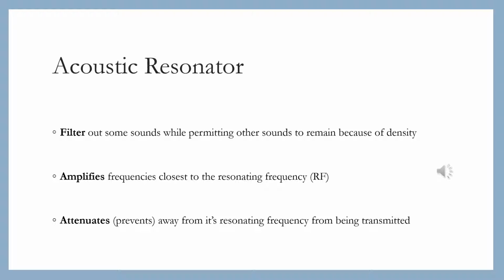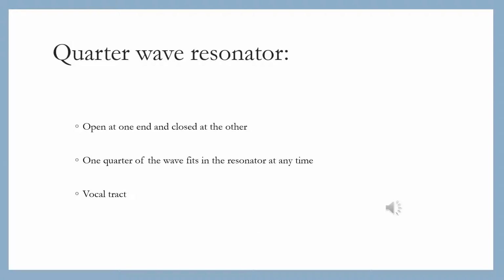And the last thing is that it attenuates, which prevents frequencies away from the resonating frequency from being transmitted. So again, just some extra notes on acoustic resonators, because when we think about the vocal tract, acoustics is a very large part in the production of sound.